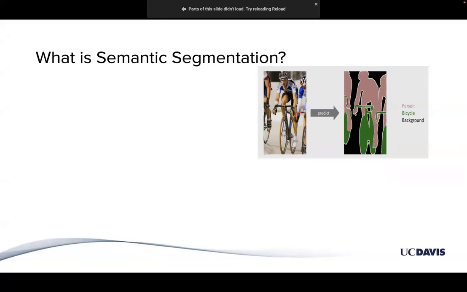If we have two objects of the same category in our input image, the segmentation map does not inherently distinguish them as separate objects. For that, there exists a different class of models known as instance segmentation models, which do distinguish between separate objects of the same class, but semantic segmentation doesn't differentiate that.